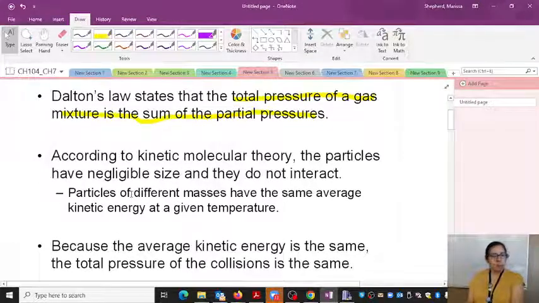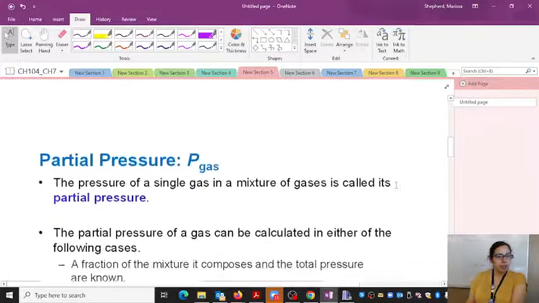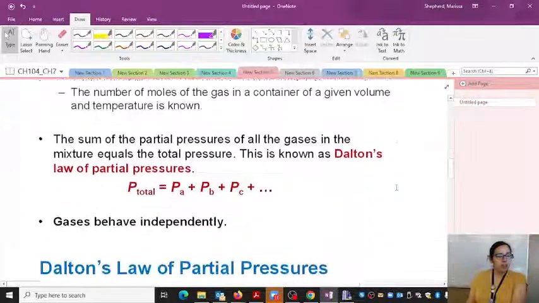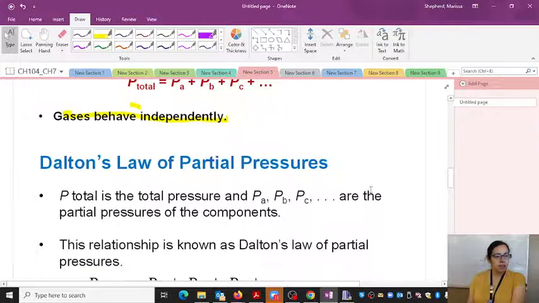So again, the particles of different masses, we don't care, we're assuming that they don't interact, so we're not having to account for intermolecular forces or anything. All this means is, again, gases behave independently. So our pressure total will just be your component of A plus your component of B plus C, etc.